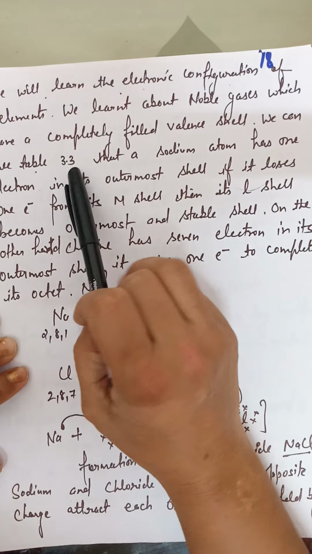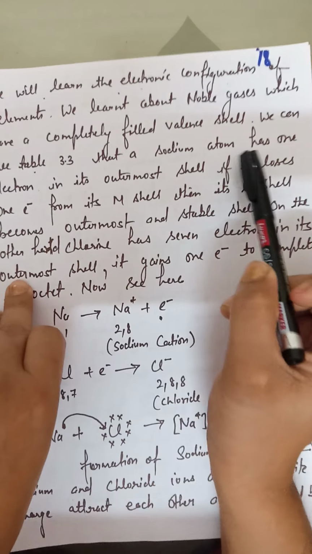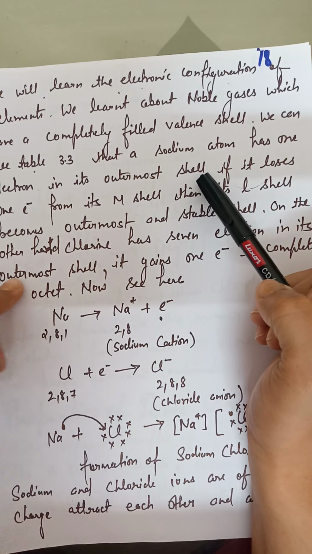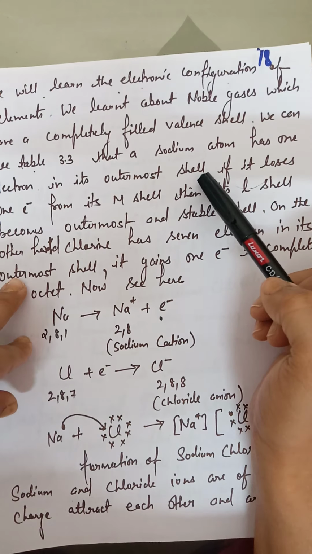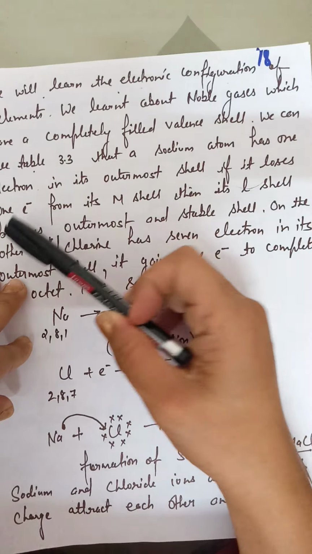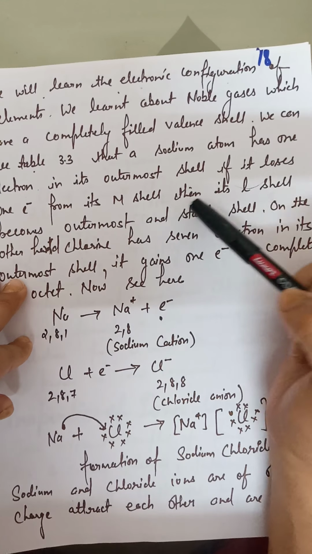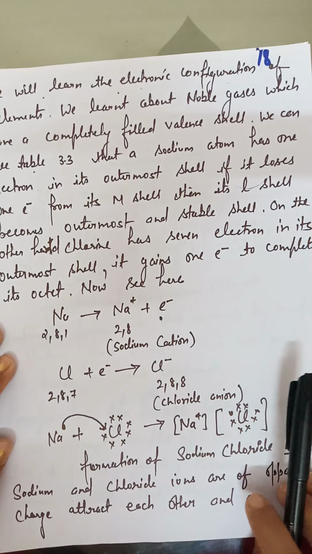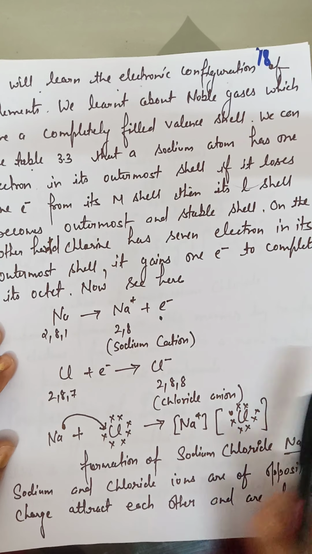We can see in table 3.3 that a sodium atom has 1 electron in its outermost shell. Now tell me, what is the atomic number of sodium? That is 11. If it loses 1 electron from its M shell, so if the atomic number of sodium is 11, what is the electronic configuration?